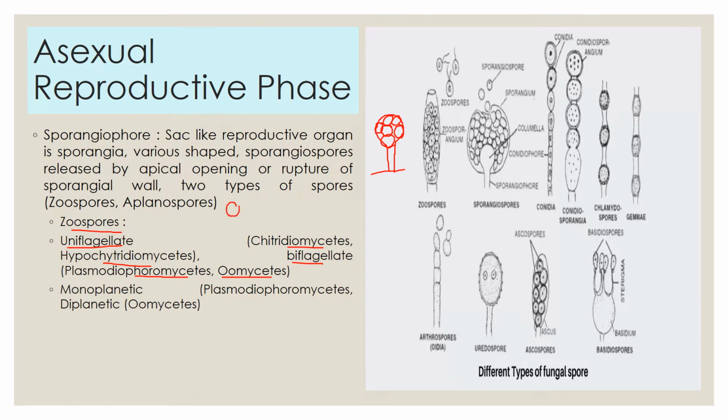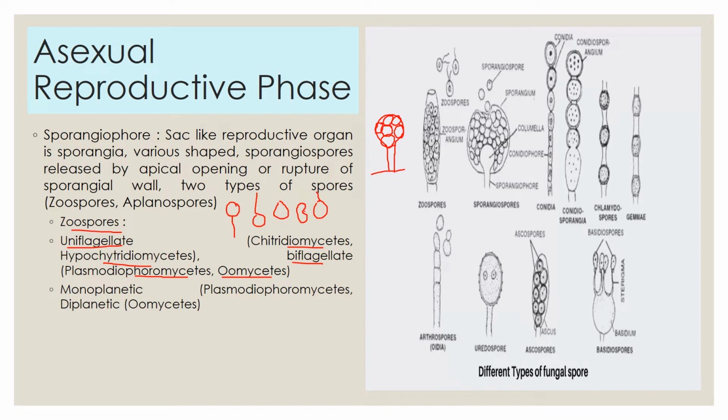Flagella can be inserted in the posterior of the cell, which is called opisthokont, or in the anterior region of the spore. Now the spore can be pyriform, or reniform, or circular, so more or less spherical.